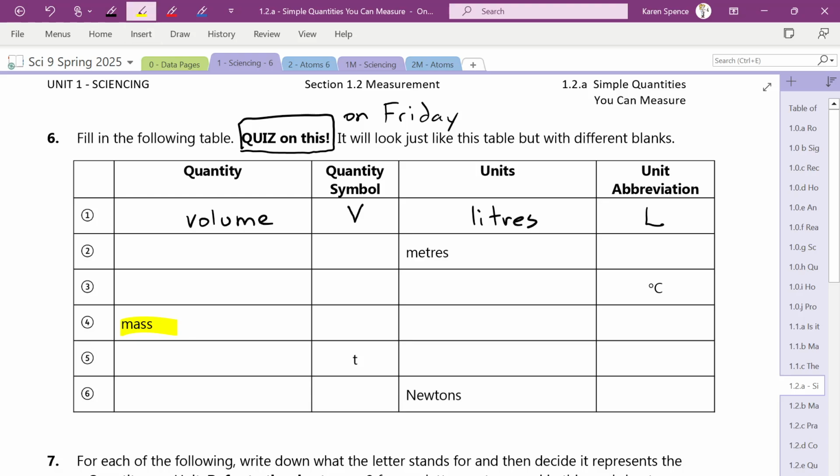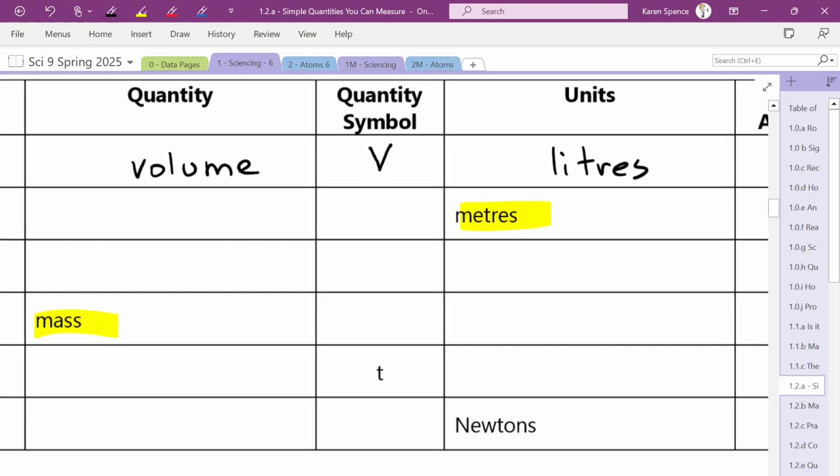So next we have meters. What quantity is measured in meters? Distance. We could put or length here. But you're only responsible for distance.